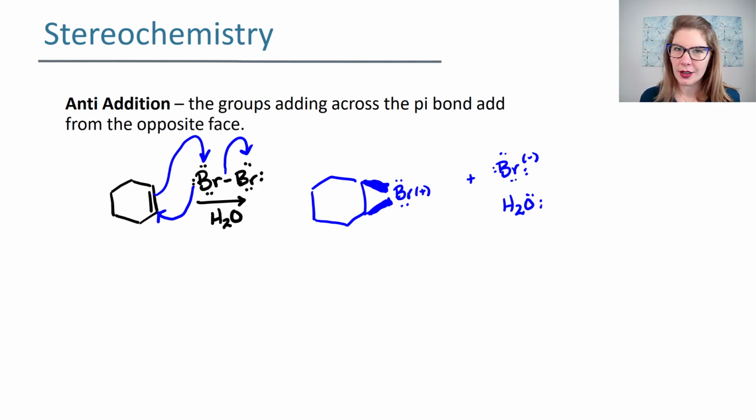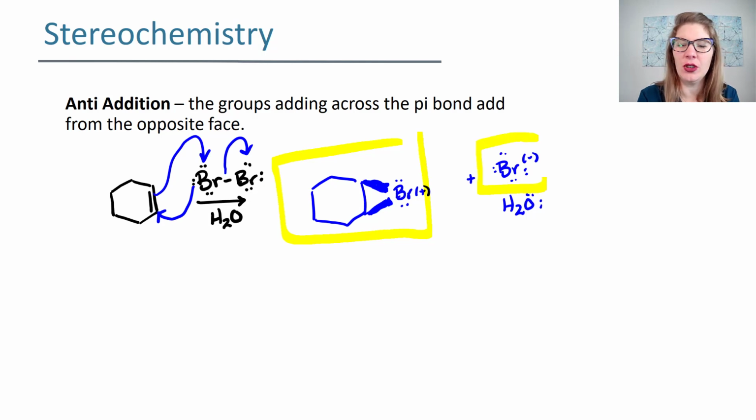Let's look at why water is going to behave as your nucleophile instead of the bromide ion. In this case, it has completely to do with probability. You just have more water molecules than you have bromide ions. For every alkene that makes a brominium ion, and remember brominium ion is the fancy chemistry word for this thing, you only have one bromide ion. So these two are in a 1-to-1 ratio.